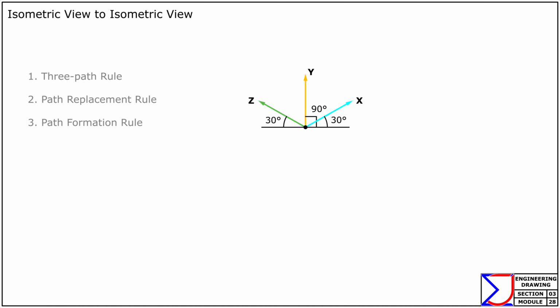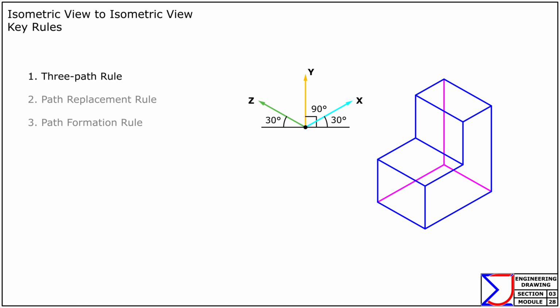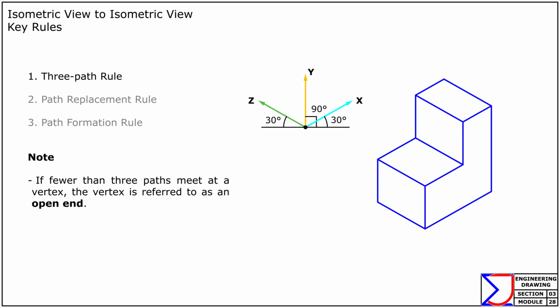In this module, this exercise introduces the process of replicating complex 3D shapes in isometric projection, building a solid foundation for more advanced tasks. With this understanding, let's move on to the key rules. 1. 3-path rule. Through each vertex, only 3 paths pass, each initially parallel to the isometric axes x, y, and z. 2.